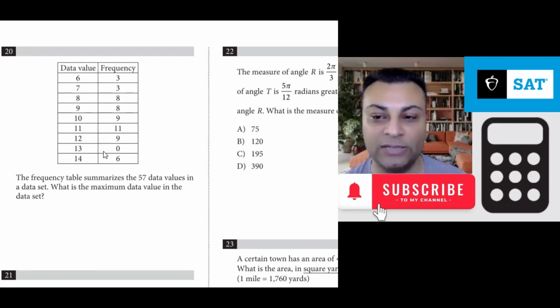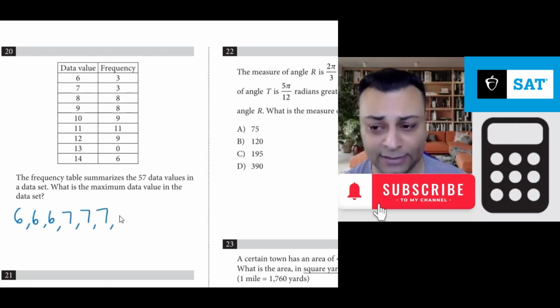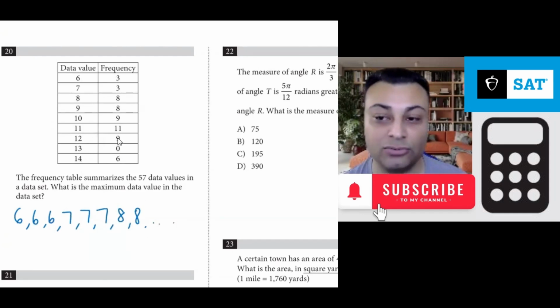If you wrote this out, it would be 3 6s, 3 7s, 8 8s, and so on, all the way down to 9 12s. So there'll be the number 12 showing up 9 times in a row. There are no 13s, and then there are 6 14s.